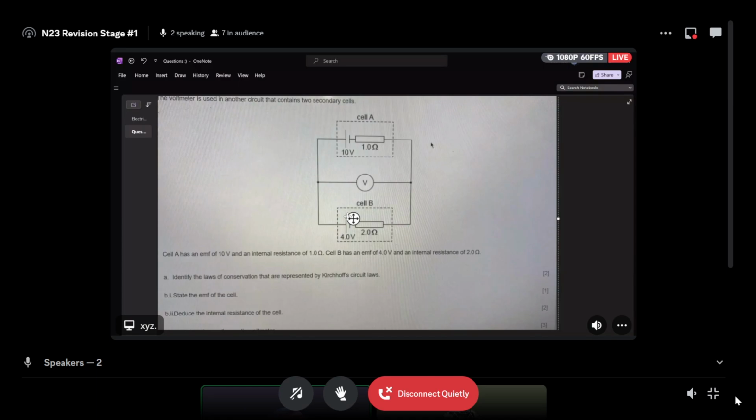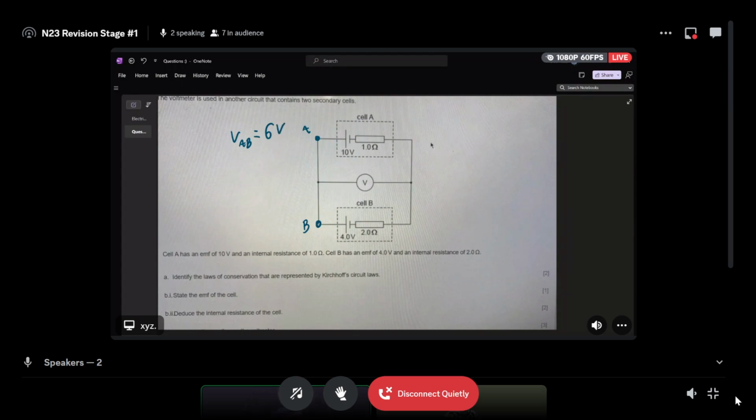So if we have 10 volts to 4 volts, the potential difference between points A and B, so VAB, is equal to 6 volts.